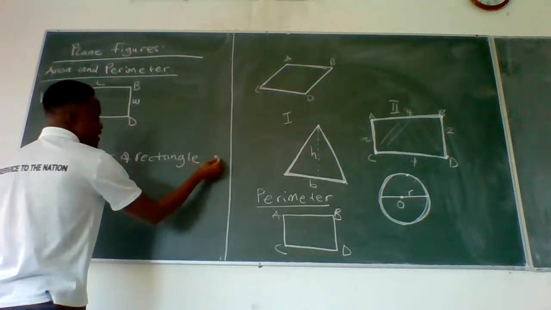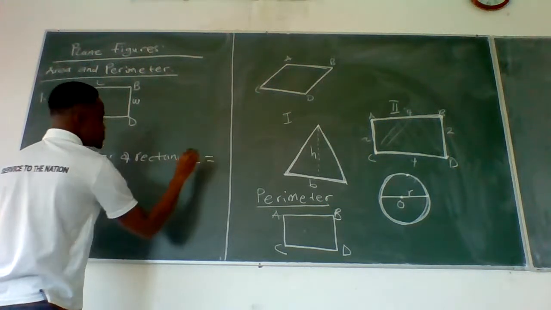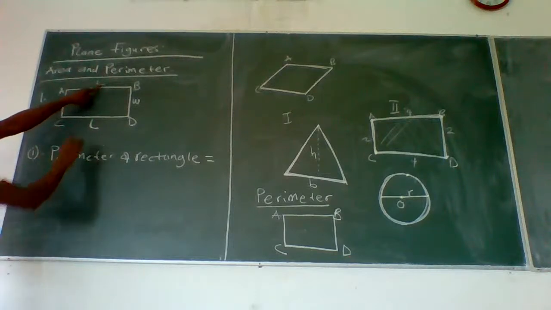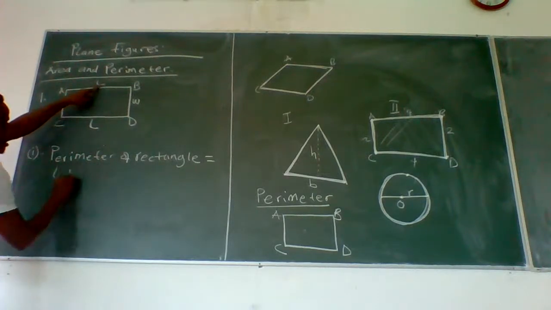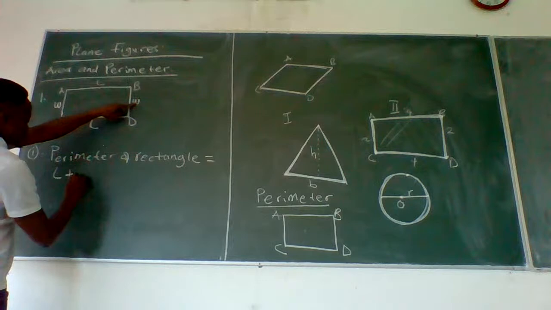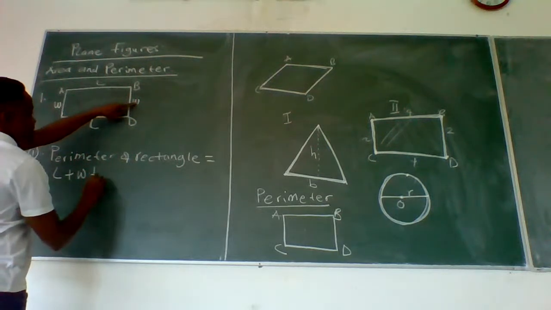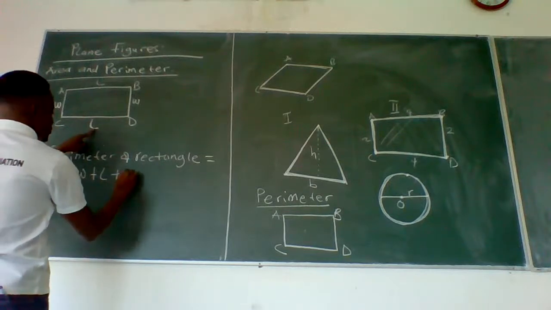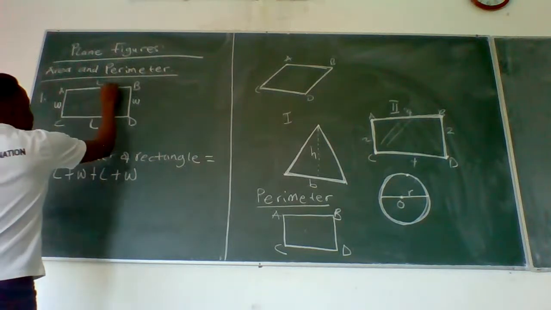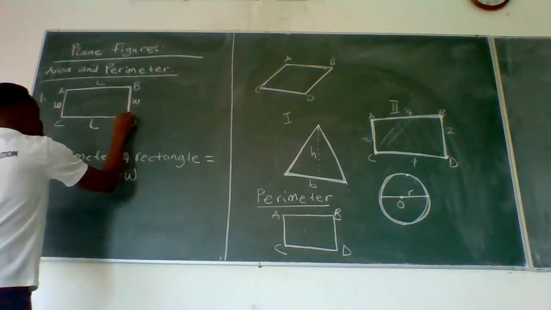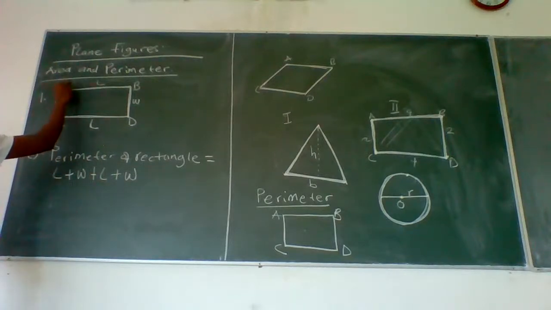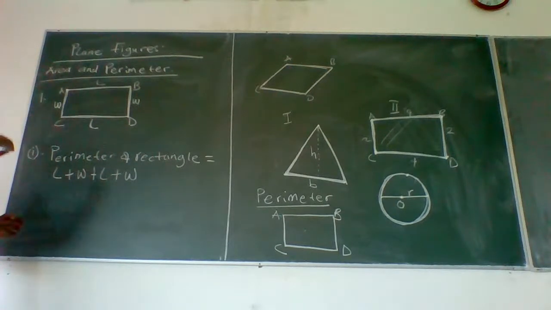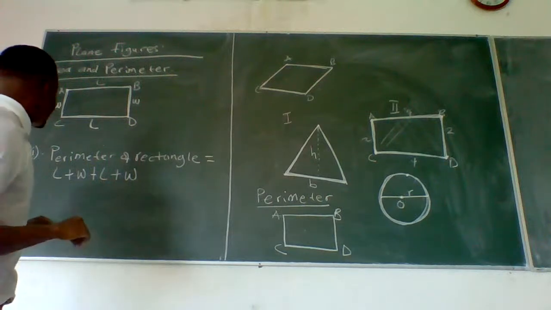or rectangular object is equal to, so we will add this L plus W plus L plus W, because we move from here to this point, back to this, and then back to our starting point, so that we can cover every part.